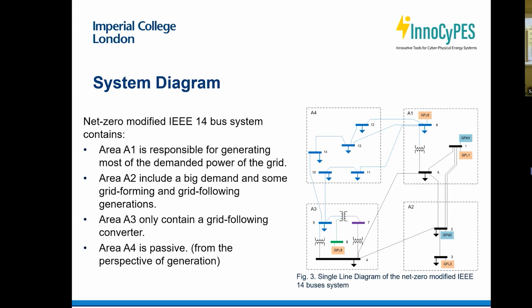Area 2 has 1 grid forming and 1 grid following resource, and 1 very big load at bus 2. Therefore, area 2 is the biggest consumer in the grid, and most of the power flows from area 1 to area 2. Then there is area 3, which has 1 grid following resource, and area 4, which doesn't have any grid forming or grid following resource, and it's totally passive. This test system can be downloaded from Zenodo as open source.